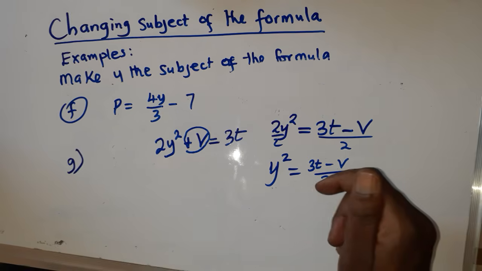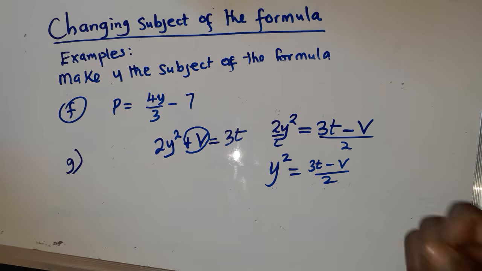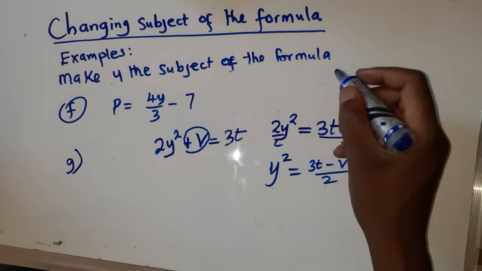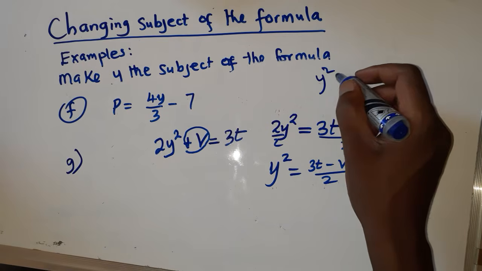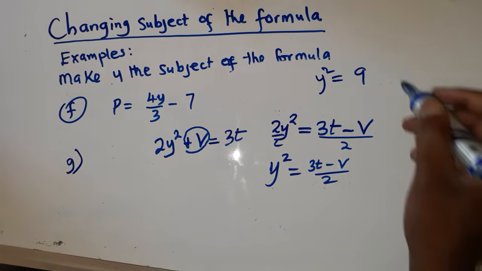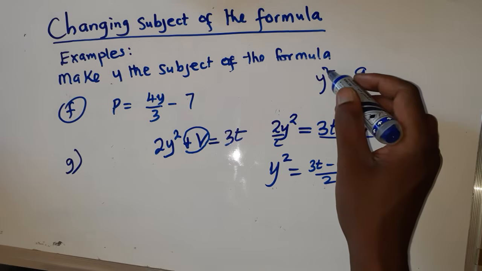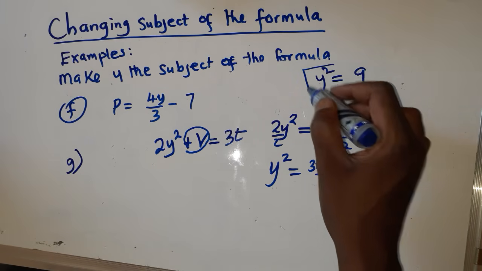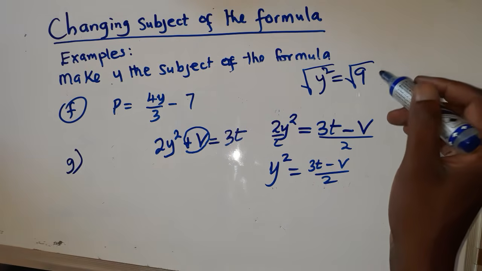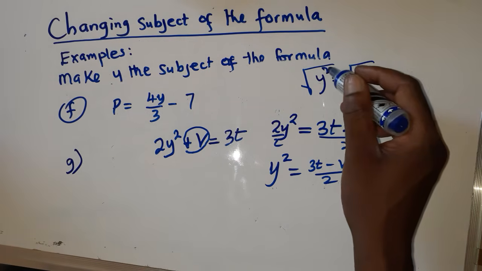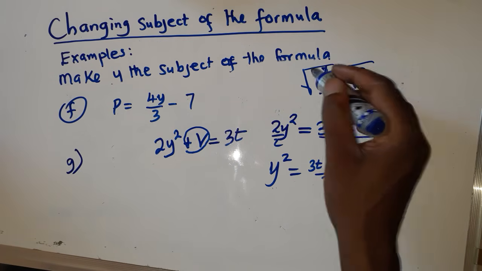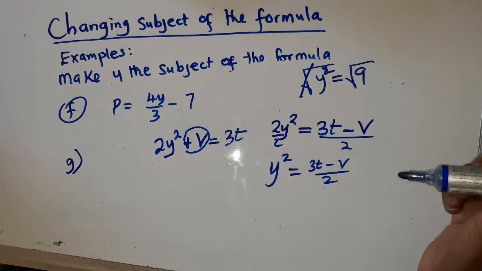And if you remember your Pythagoras theorem, if you have y squared is equal to 9, what do we do? To get rid of this square, we take the square root of both sides. Once we do, the square and the square root cancel.